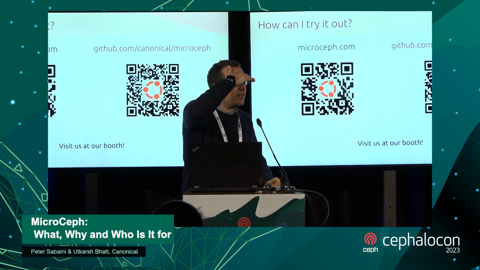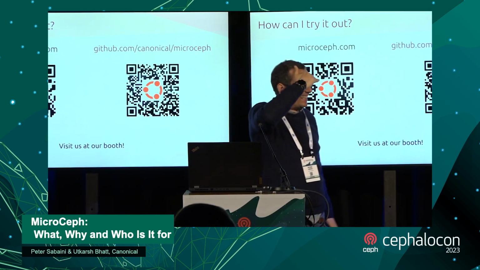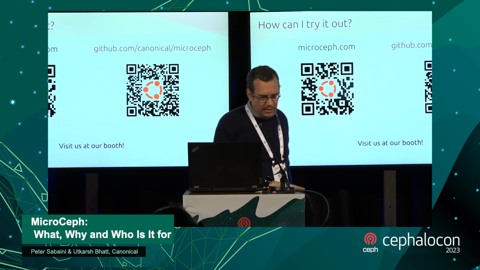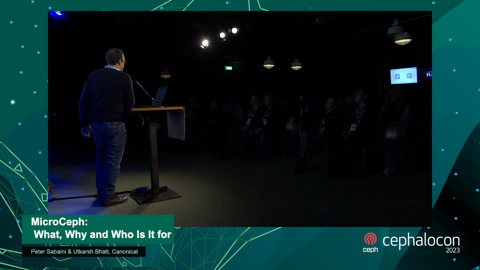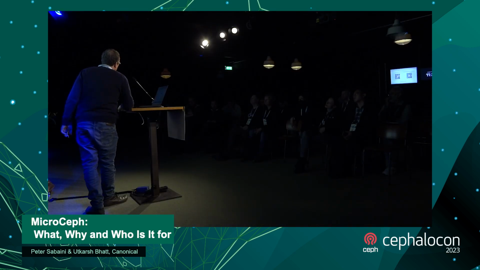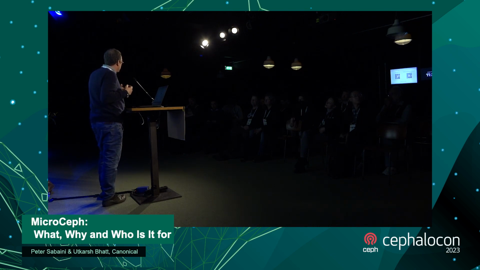Any more questions? Shout out because I can't see you. How about the networks? I didn't see it in your demo. Are you creating front end and back end networks and things like that? Right, so what are the requirements? Right now it's using a single network namespace. You can absolutely go in under the hood and tell the Ceph that is running inside the snap to use this network as a cluster backend, or use this network as a front end.